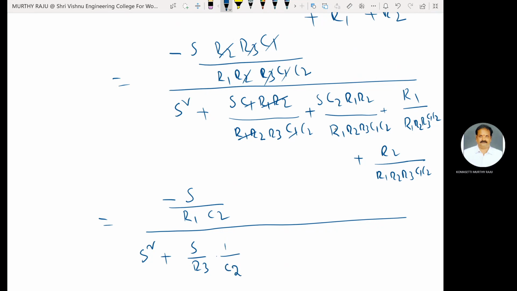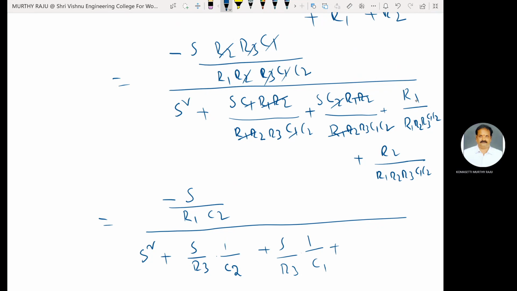Here R1 R2 is cancelled and C2 is cancelled. Plus S by R3 into 1 by C1.